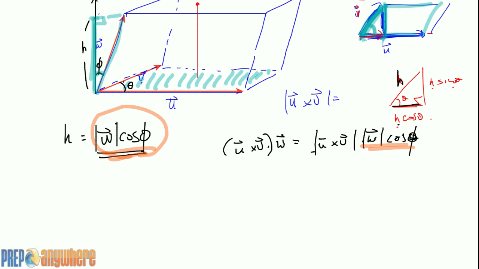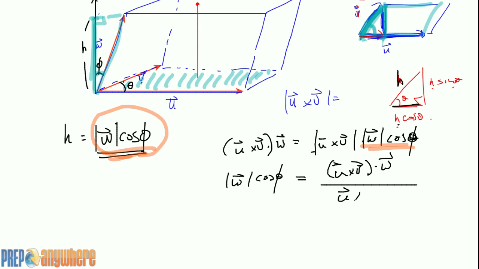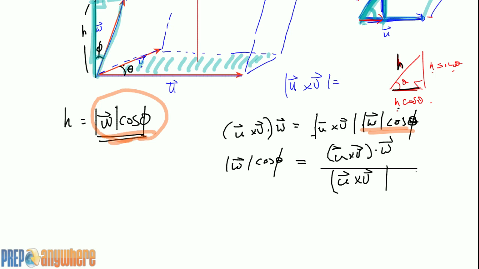True? So I'm going to isolate it, because I don't know what phi is, right? I just know that there will be some angle there, but actually it's not given in the question. So it's u cross v dot w over u cross v's magnitude. This is the height.